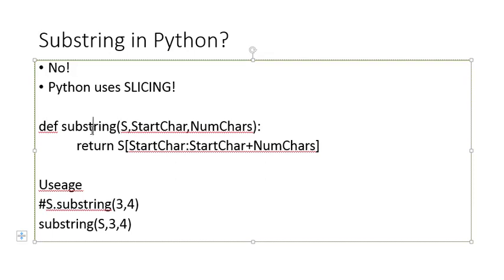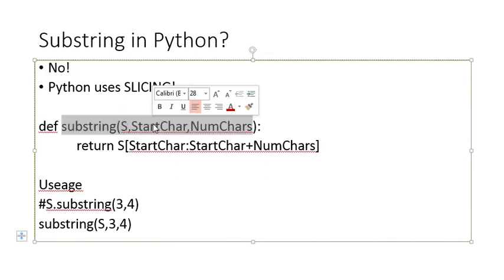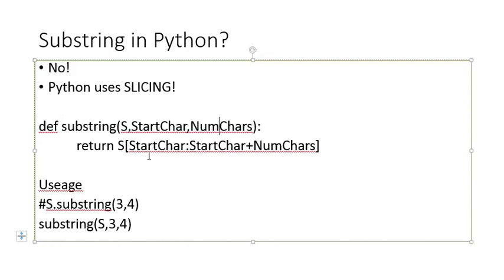It's going to be a function that takes a string as a parameter, the start character as before, and the number of characters. And we simply use the slicing that Python allows us to do, which is saying return the string S, starting at start char, and going up to but not including the next parameter.